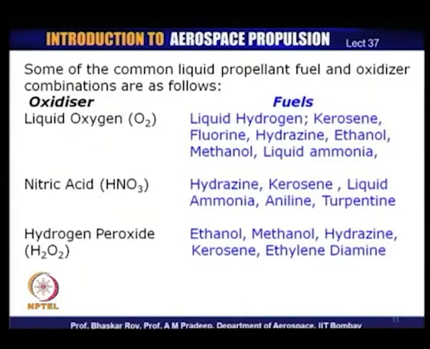So, all these are possible fuels. Some of them could be a little toxic, and one has to be a little careful while using them. Whereas, kerosene is a very well known hydrocarbon and people have used it quite a lot, but more and more of the bigger rocket engines are using liquid hydrogen and liquid oxygen as primary fuel and oxidizer.